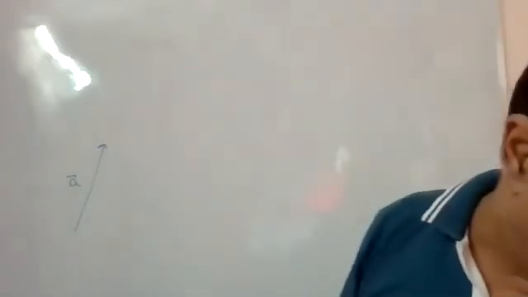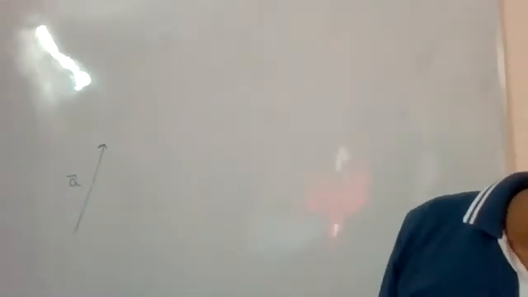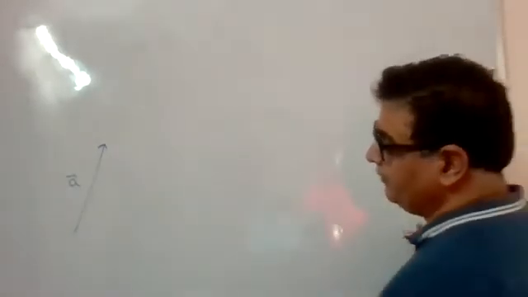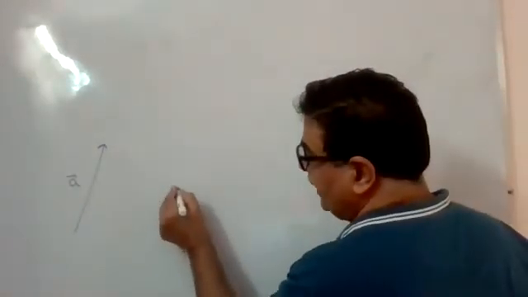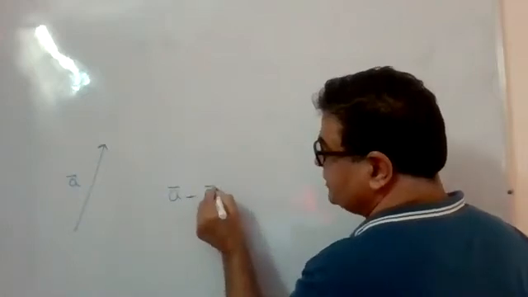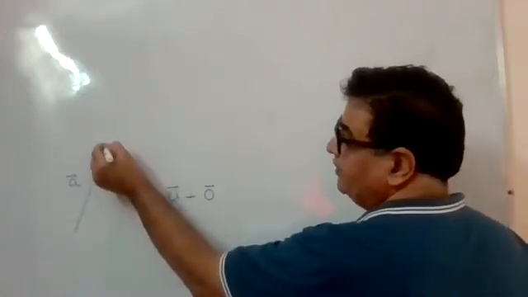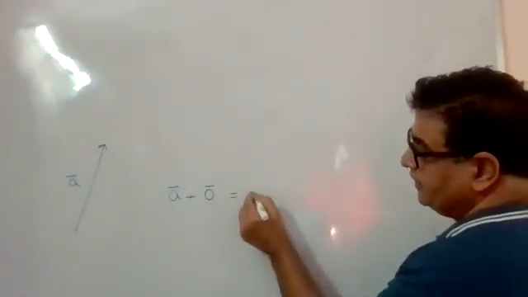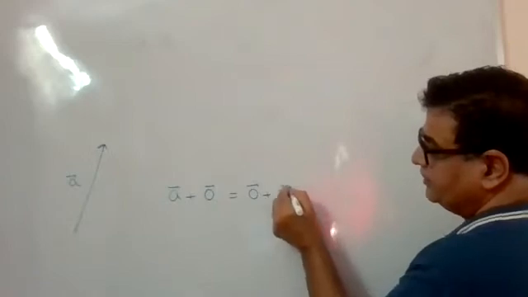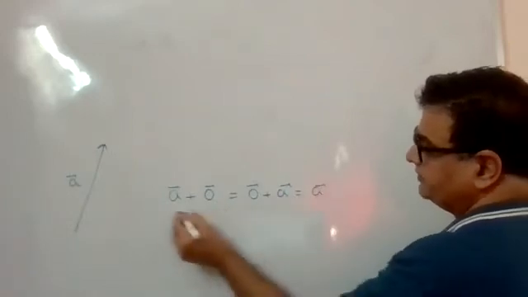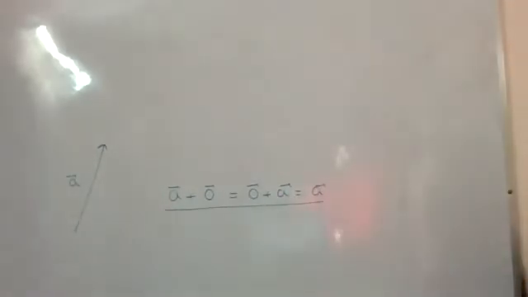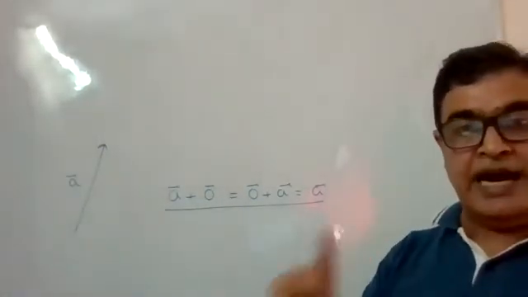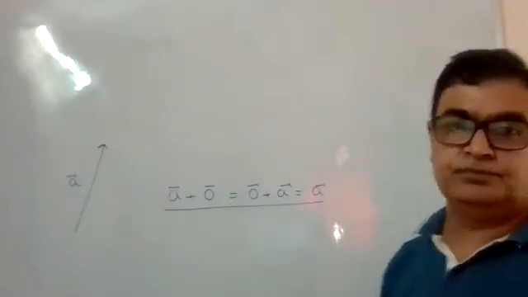Existence of additive inverse, additive identity also. Additive identity, what it says is that if you have the A vector, and in that you add the zero vector, what is that? It is just a point vector. Do A plus zero or zero plus A vector, the result remains A. Then the zero vector is called the additive identity.